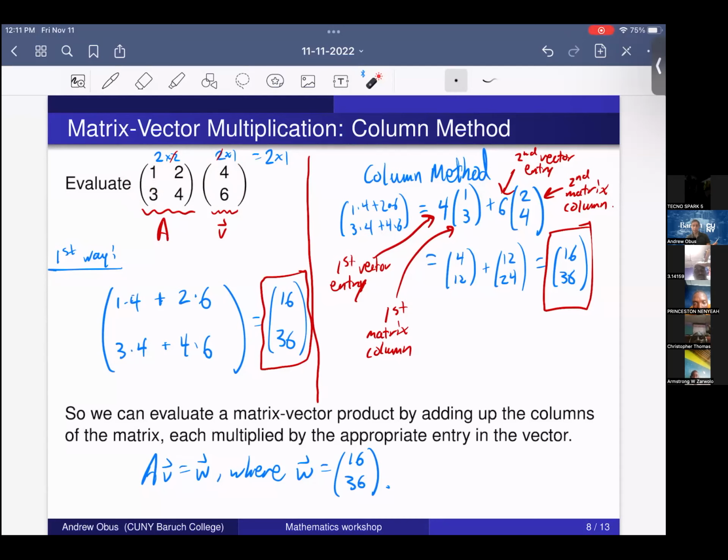That's fine, as long as the number of columns of the matrix is the same as the size of the vector. And we need that for this column method, right? Because each entry in the vector is supposed to correspond to a column. So the number of columns has to be the same as the number of entries in the vector in order to do the multiplication.